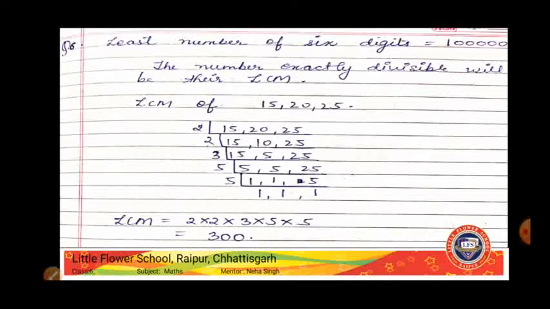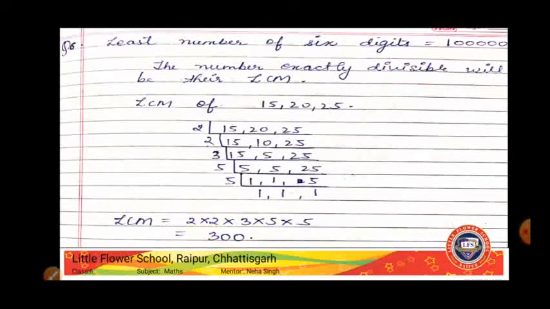Now we need to find the number which will be exactly divisible, so that number will be based on the LCM, right? So we will first find the LCM of the given numbers 15, 20 and 25. The LCM of 15, 20, 25 is 300.